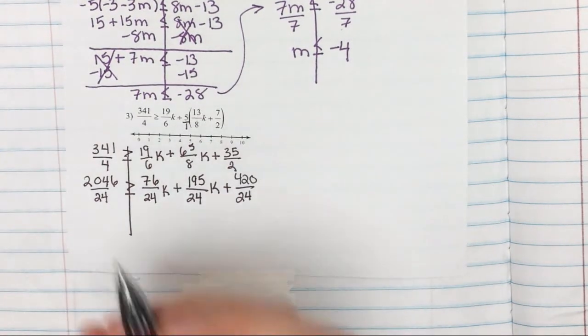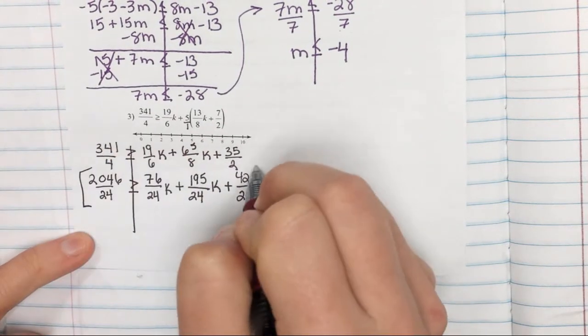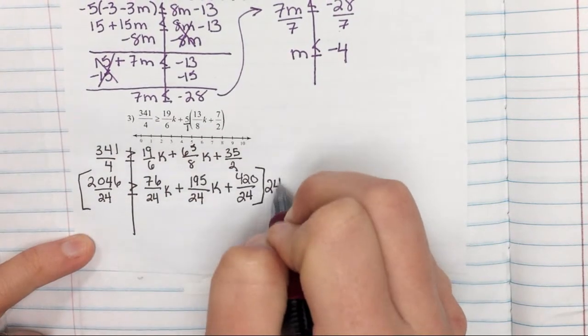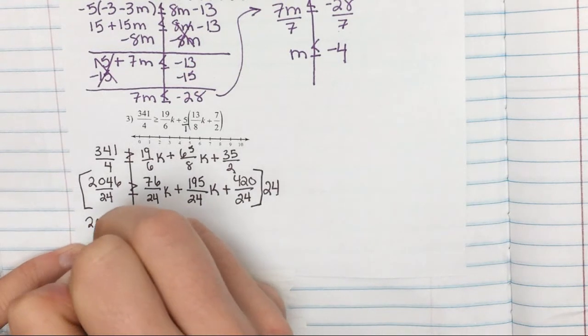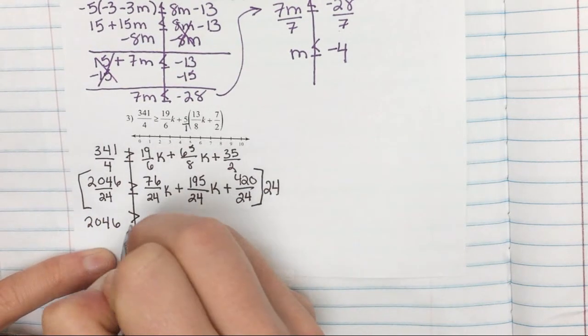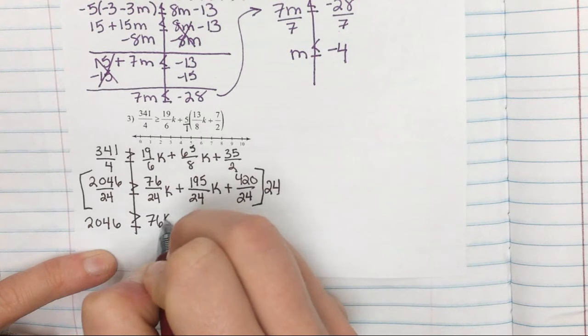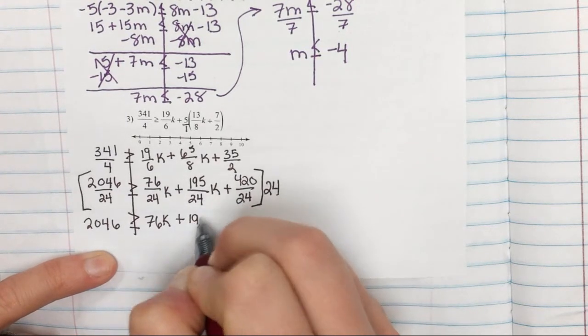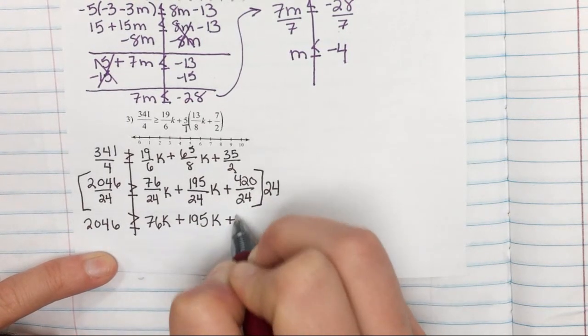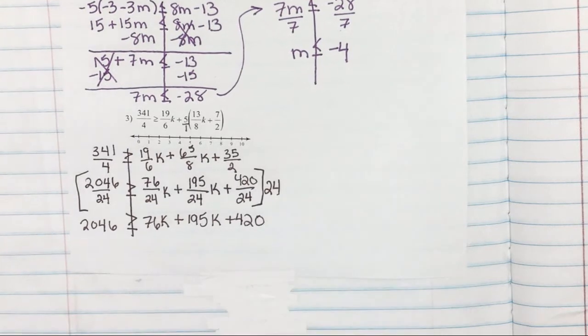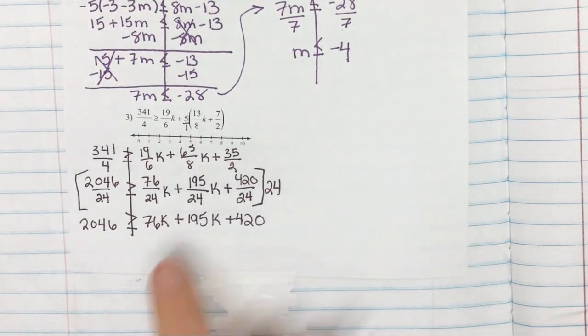I'm then going to multiply through by that common denominator of 24. So when I do that, I have 2,046 is greater than or equal to 76k plus 195k plus 420. That allows me to clear out the denominators. Then I'm going to combine my like terms on the right.